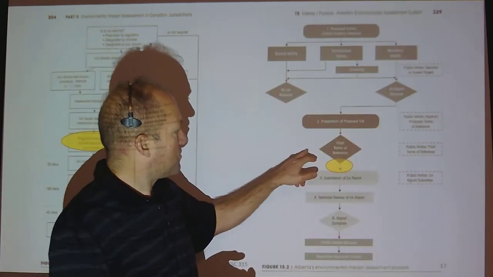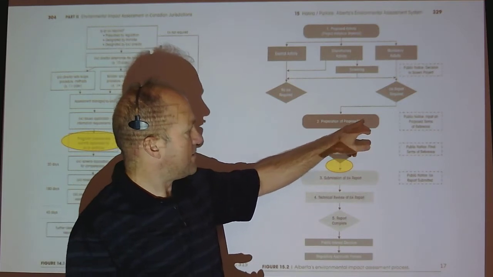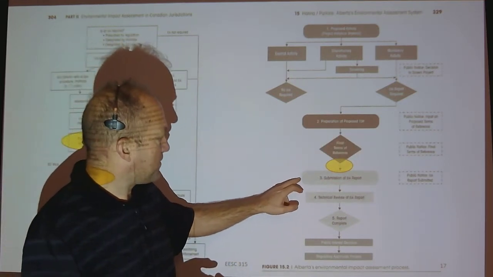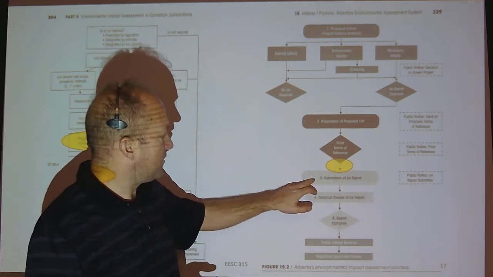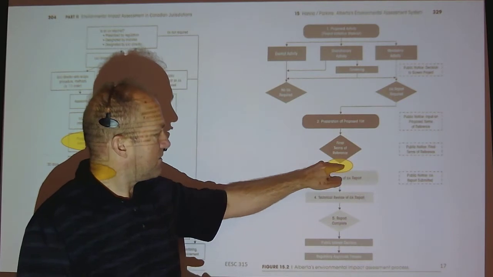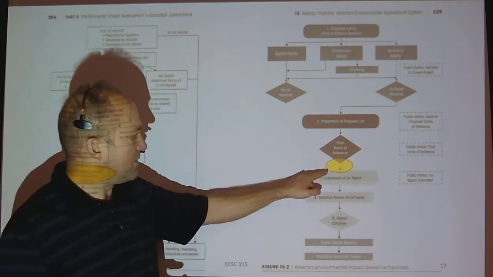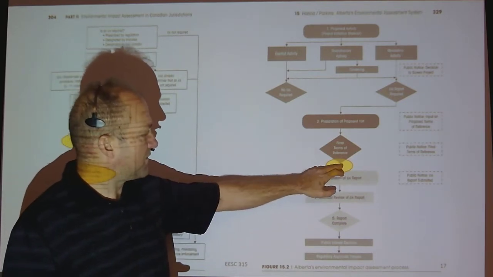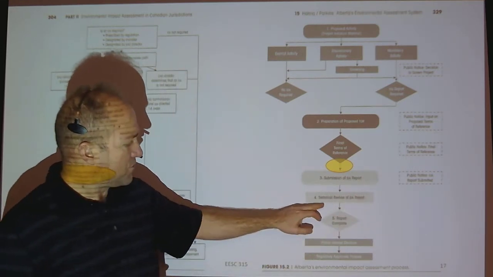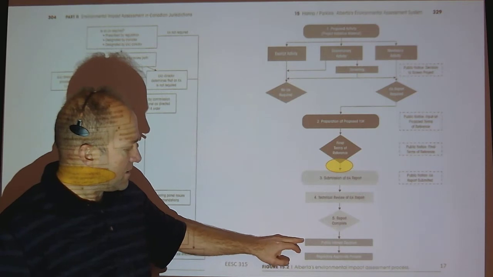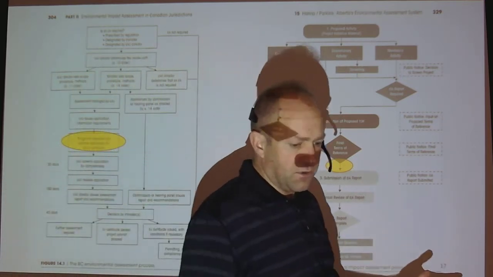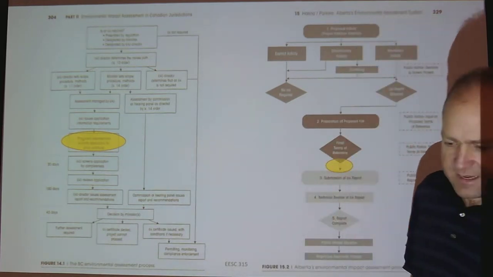So it will go through this screening process, and then the government will prepare a terms of reference. In this chapter, it basically goes from terms of reference to submission of the EA report, but it actually skips over the entire part of this course, which is going to be the preparation of that report. So we're going to focus on this part here. After the report is submitted, it goes through technical reviews. There will be a public decision and the approvals and follow-up, just like in BC.